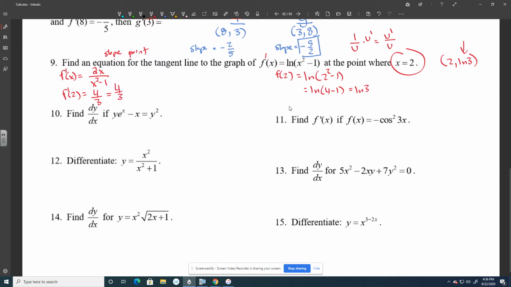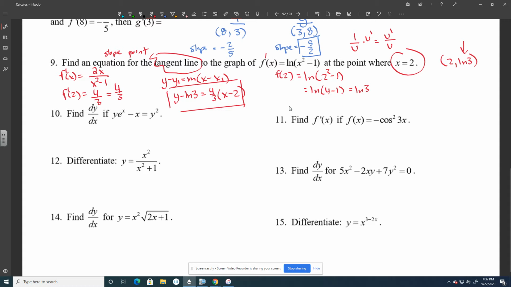And now I can plug these into my tangent line formula. Remember, that's y minus y1 equals the slope times x minus x1. So I've got y minus my y value, natural log of 3, equals my slope, 4/3, times x minus 2, my x value.